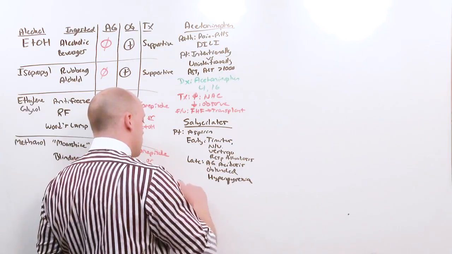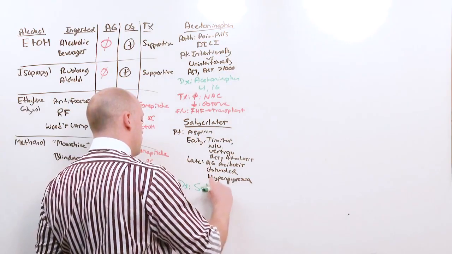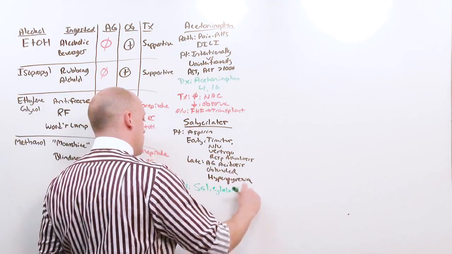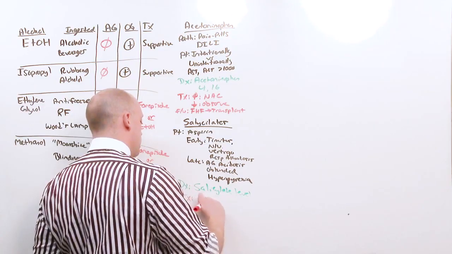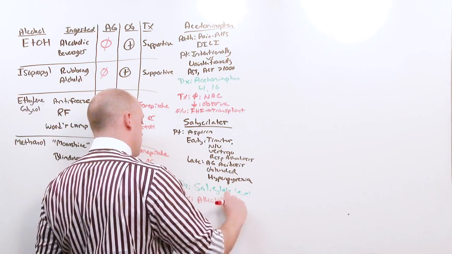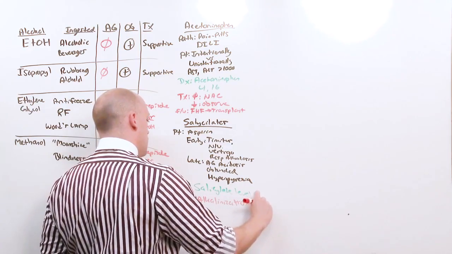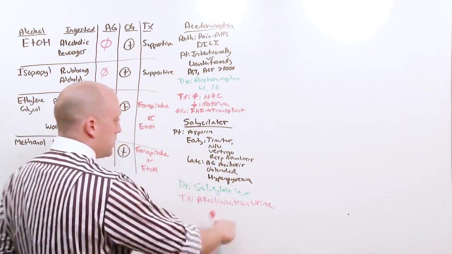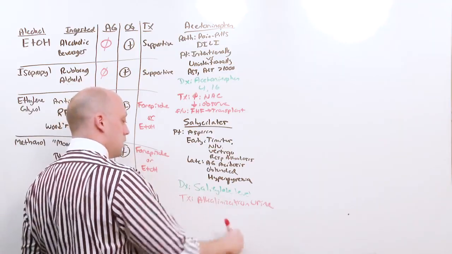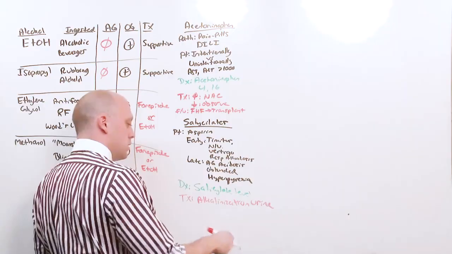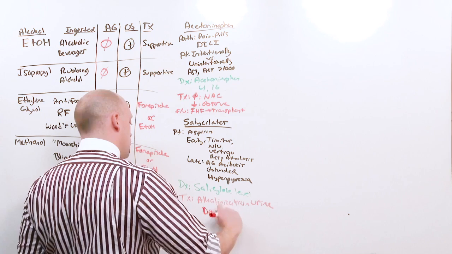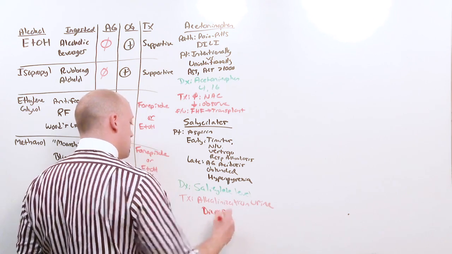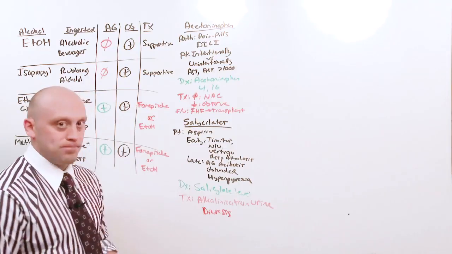You make the diagnosis by getting a salicylate level. And the treatment is by alkalinization of the urine. You're going to eliminate these through the urine, and because it's an acid, you simply alkalize the urine, so it binds to it, traps it in the urine, and releases it, and then you do forced diuresis. And the goal is to get the salicylate out of the body.